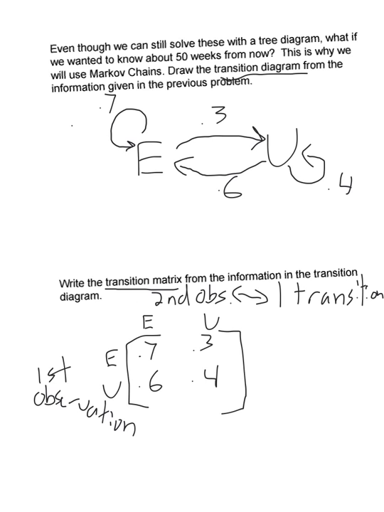That's a transition matrix. Notice the rows add to 1, because if I started as employed, I have a 100% chance of doing something, and the same thing if I start unemployed. So that's drawing the transition diagram and the transition matrix.